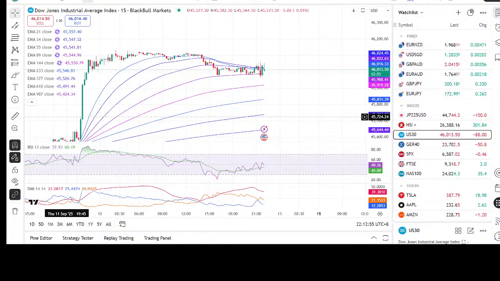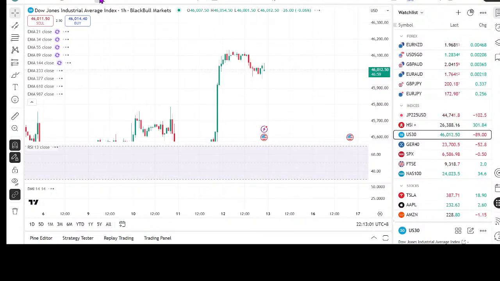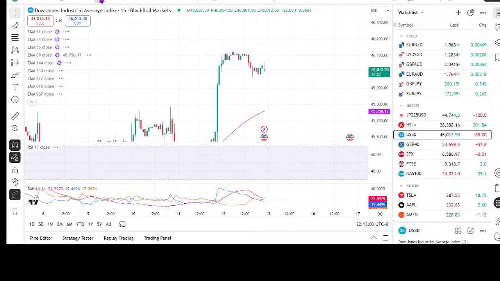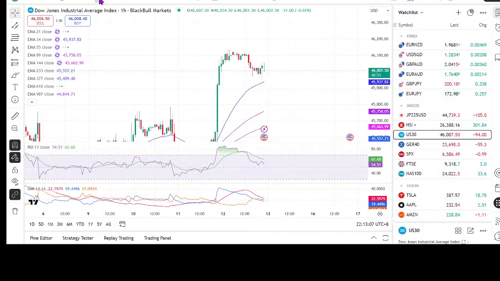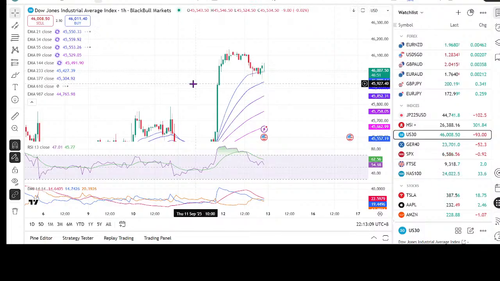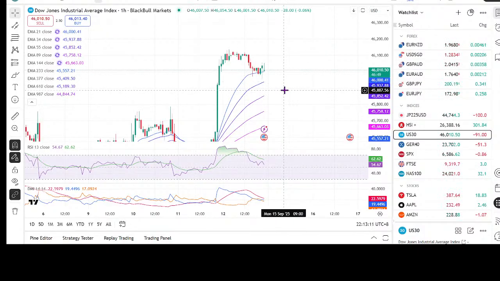So we will try to buy. Now it is 10:15, 1 hour, and this is trading within the range. We will go for a buy at the market and put a stop at 905 and TP at 200. So this is going to be a market entry.